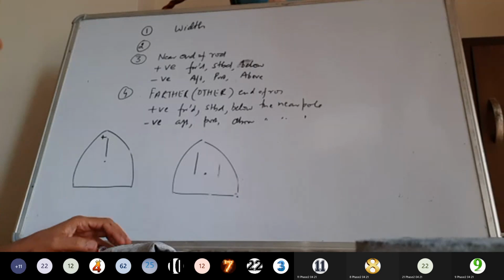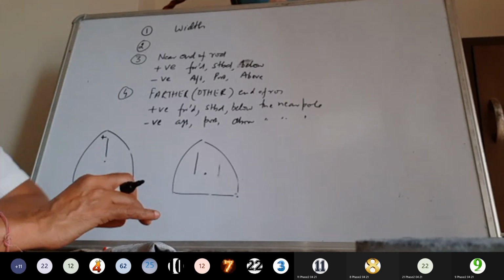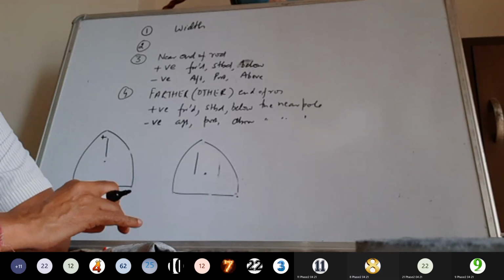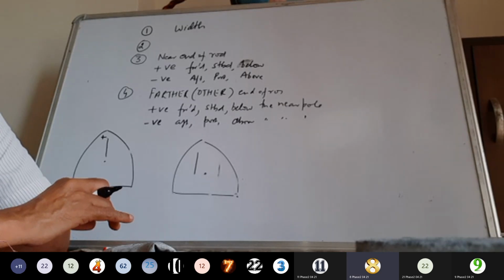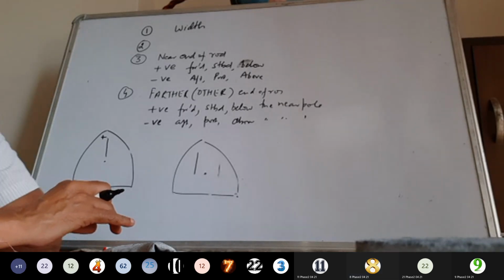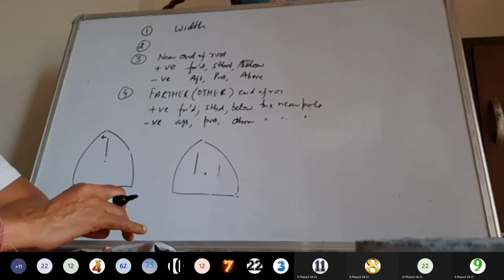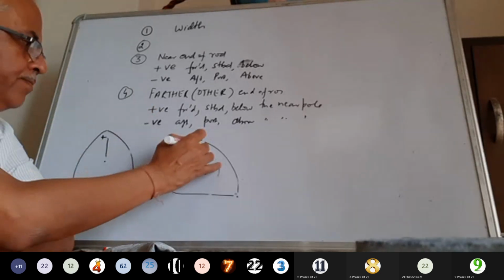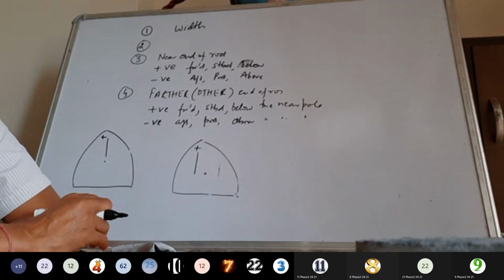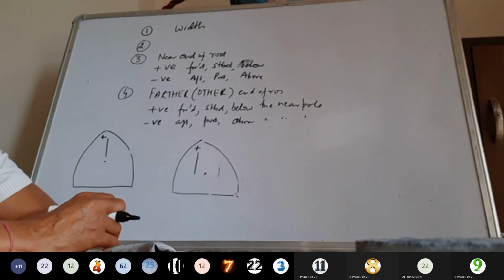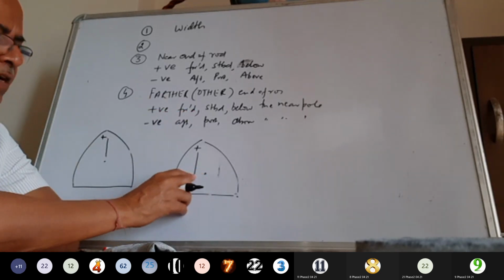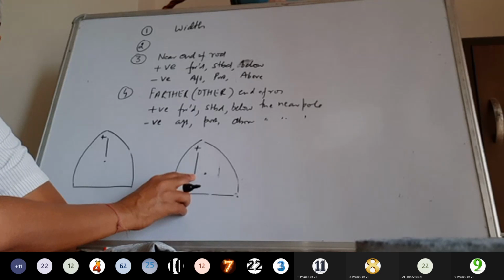Why is it positive? Sir, because it is forward of the near pole, na, sir. हाँ, so forward of the near pole क्या है? Positive. Positive, ना? Okay. And what about this one? This one will be negative or positive? Negative.